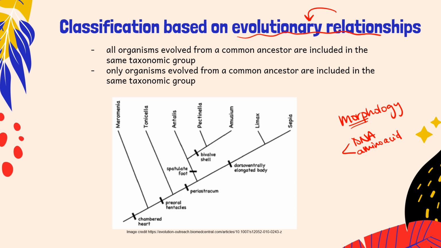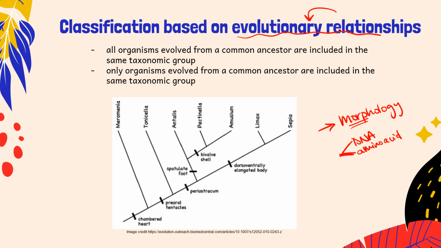We've actually reclassified quite a few organisms based on their DNA sequences, their amino acid sequences, because sometimes we have those super cool analogous structures that are formed through convergent evolution that make organisms look alike, even though they're not actually that closely related to each other.